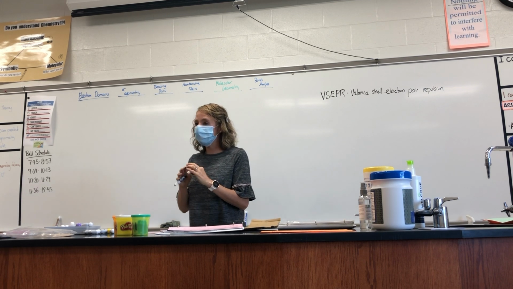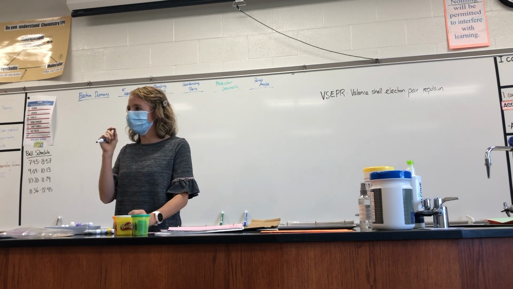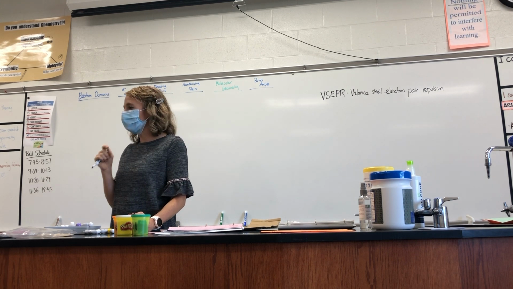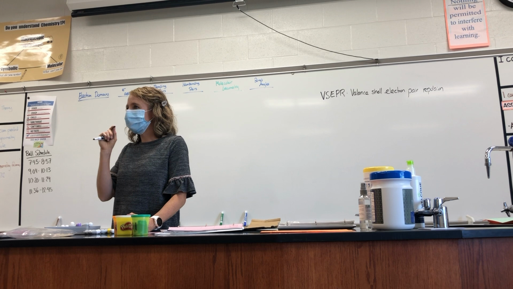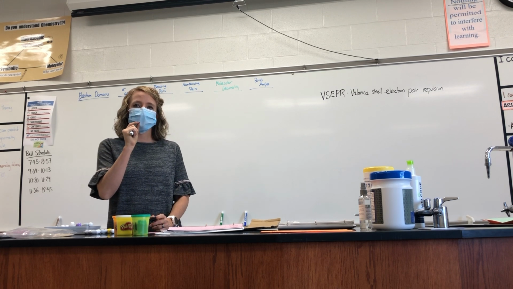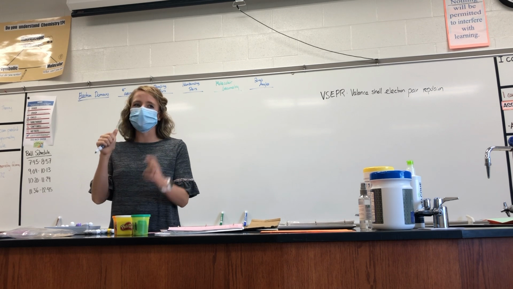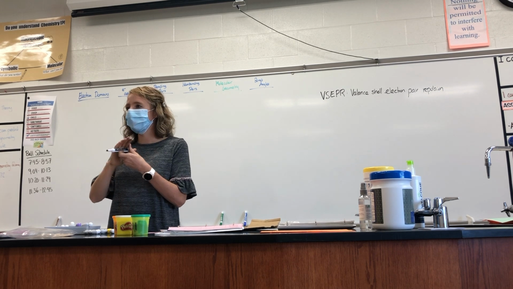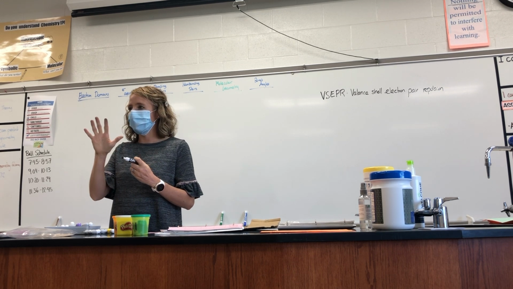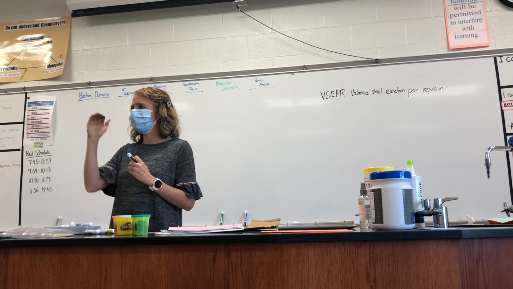So to show you how logical this really is, I want you to come up with the shapes before I show them to you with your Play-Doh. What you're going to do is build 5 different molecules using these different stipulations.